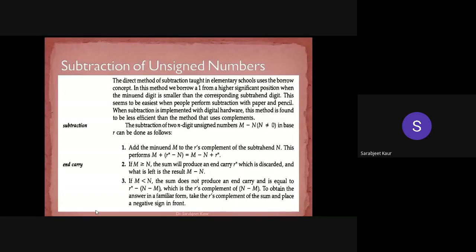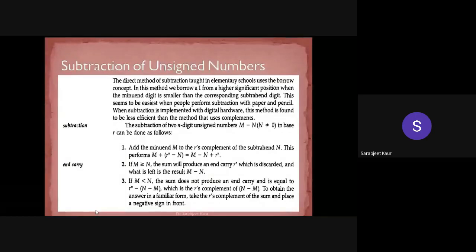We can rather just convert subtraction into addition using complements. So there could be a single adder circuit which performs not only addition but, by this method using complements, it can also perform subtraction.